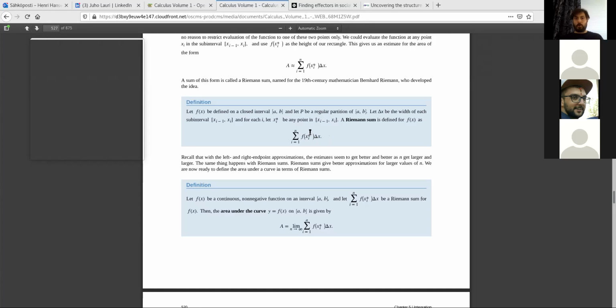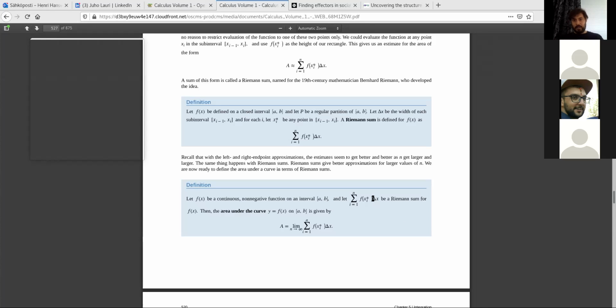But as we let this interval shrink to 0, at the limit it doesn't matter what point we take. When we take infinitely many of these, as n approaches infinity, xi minus 1 and xi go towards each other, so the difference goes to 0.